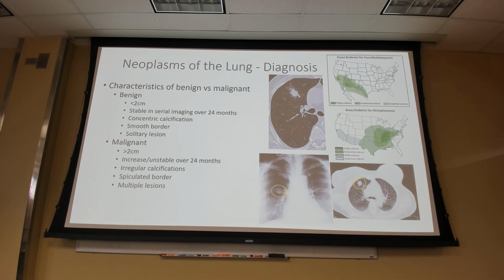We also do need to consider their symptomatology, obviously geographical location, because you can get histoplasmosis or coccidioidomycosis that can also present with similar findings with these nodules. And they're not malignant, they're more infectious.